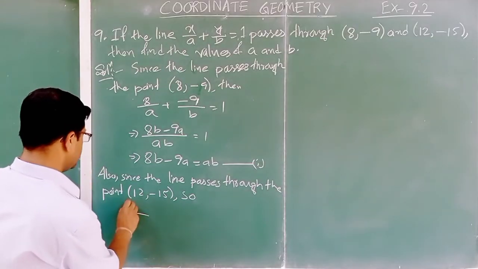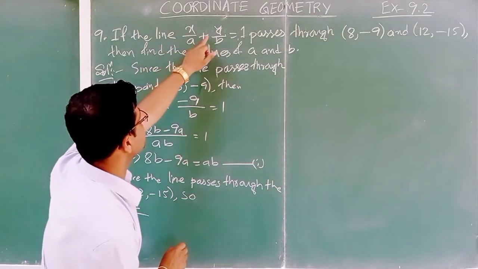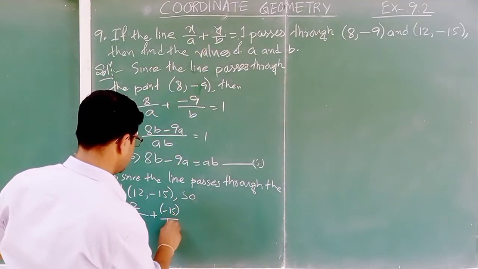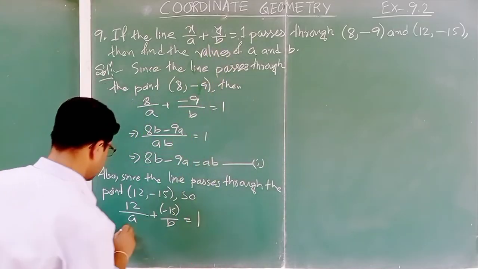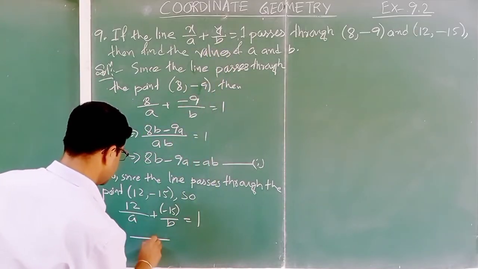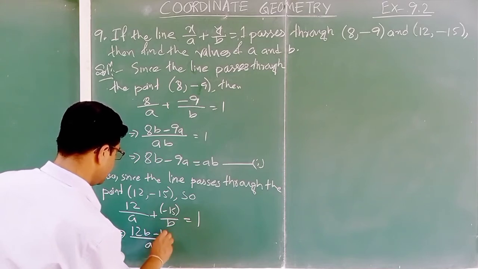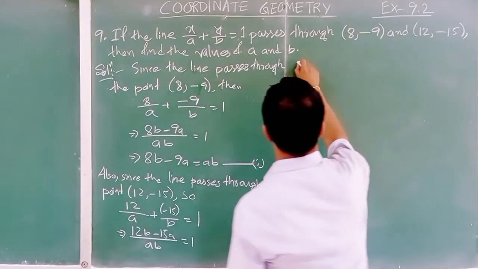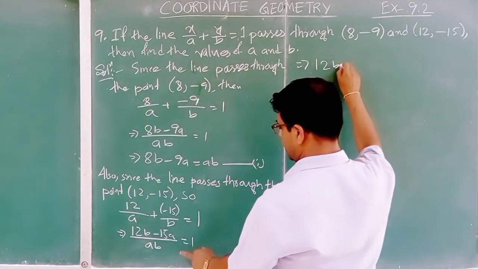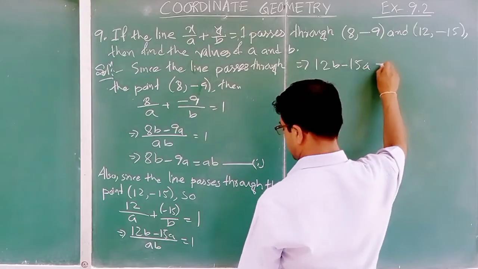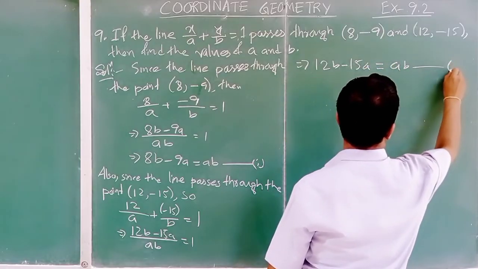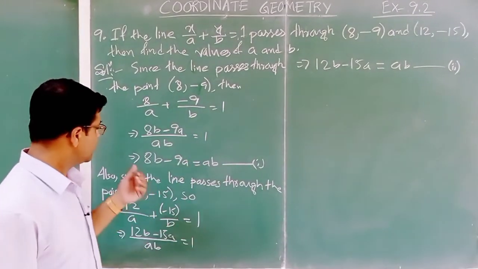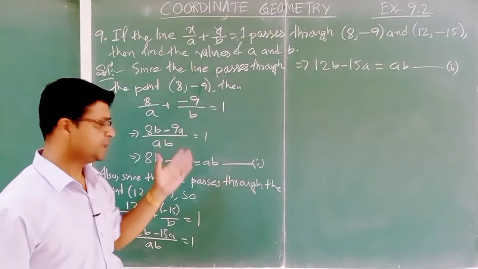So this is 12 by a, then minus 15 by b is equal to 1. Let us take the LCM. What is the LCM? ab. So 12b minus 15a is equal to 1. We'll cross multiply here. This is 12b minus 15a is equal to ab. This is equation 2. Now dear students, we have obtained equation 1 and equation 2. Now we have to just find the values of a and b. This is the question. Very simple thing.